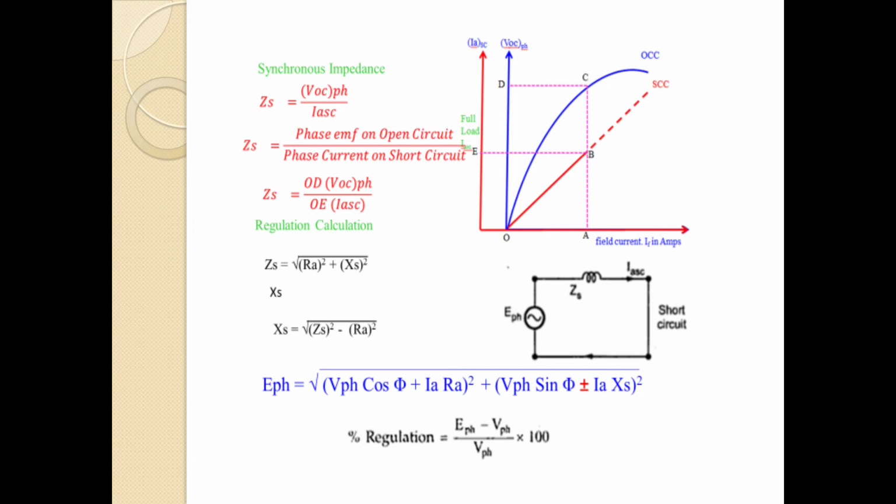Regulation calculation: Zs equal to square root of Ra square plus Xs square, so Xs equal to square root of Zs square minus Ra square. E phase equal to square root of (V phase cos phi plus Ia Ra) whole square plus (V phase sin phi plus or minus Ia Xs) whole square. Percentage of regulation equal to E phase minus V phase divided by V phase into 100.